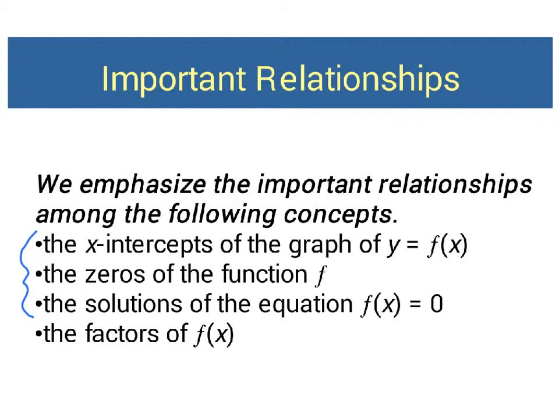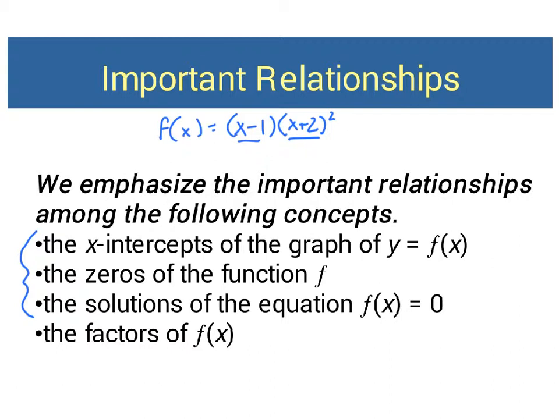Now, something that is closely related to zeros are factors of f of x. So if we factor our function, say we have f of x equals x minus 1 times x plus 2 squared, that is our function in factored form. These are factors, but our zeros are x-intercepts or solutions to the equation.